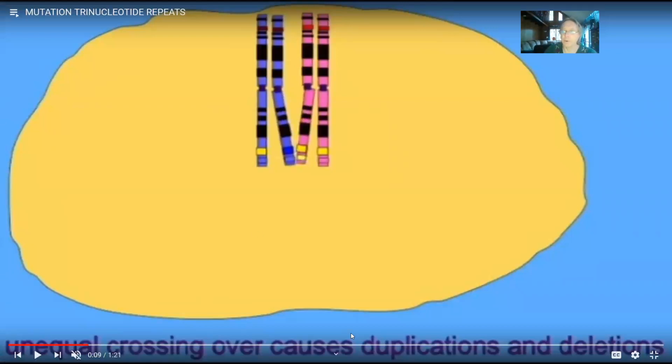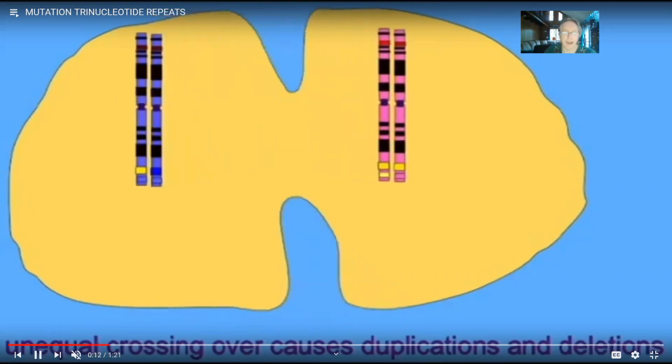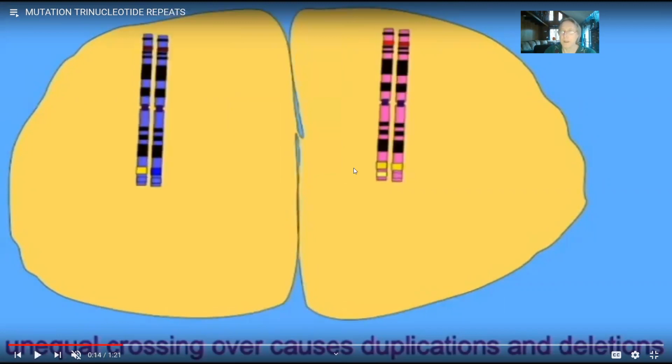And now after crossing over is done, one of the chromosomes now might have extra copies of that repeat, and so it has amplified.